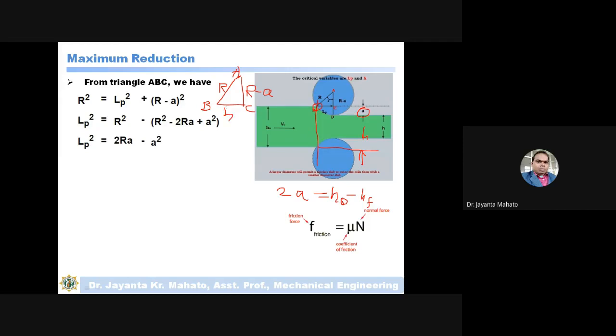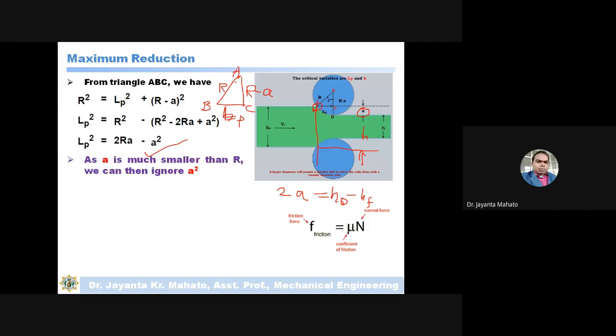This is a right angle triangle, so R square equals LP square plus (R minus a) whole square. From this formula, LP square equals 2Ra minus a square.